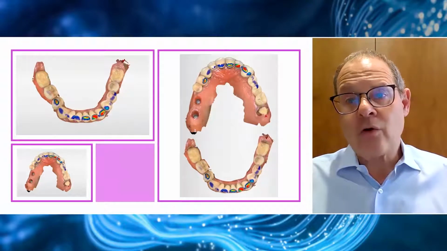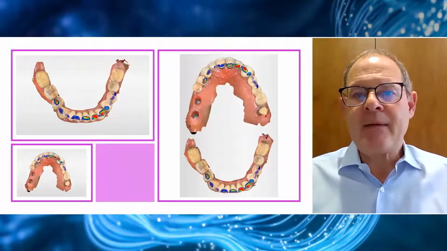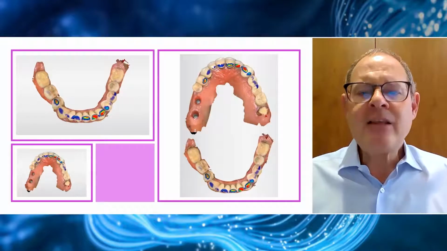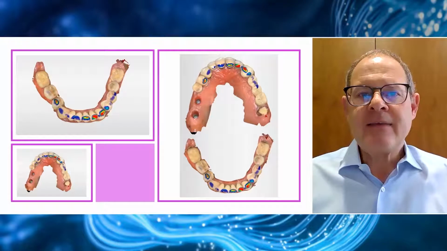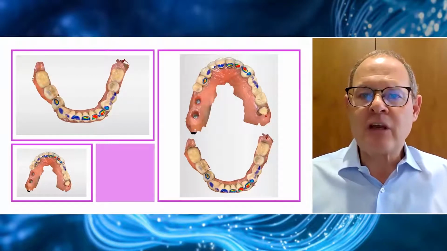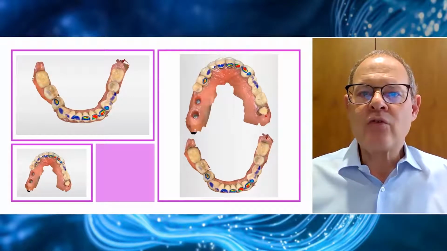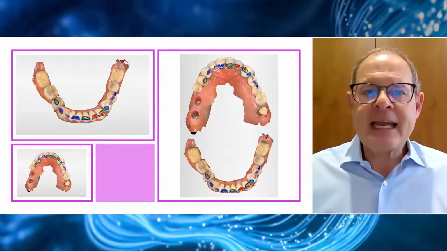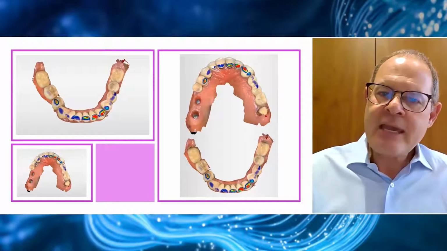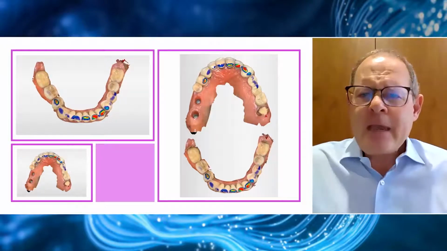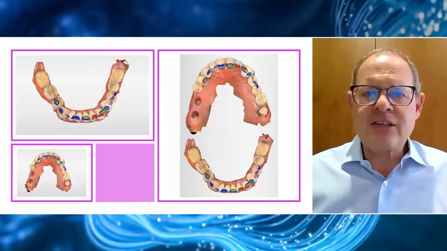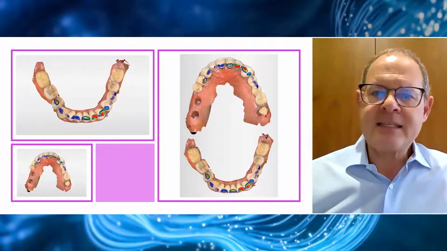We can also, of course, register the bite, and we get a really valuable map of the bite registration, giving us information on high spots and low spots, and of course, therefore allowing my technician to understand how he can build these implants into a protected occlusion, especially in a big patient with big masseters and a very heavy bite like this patient has.